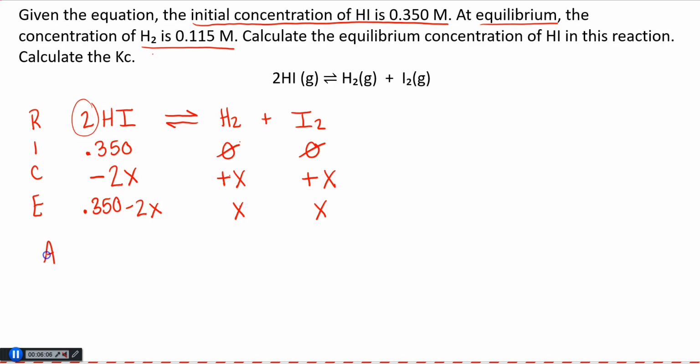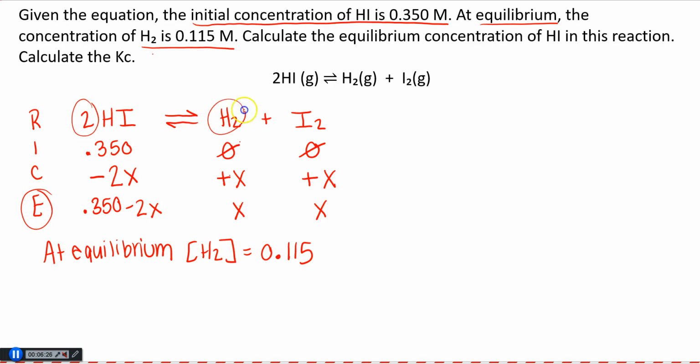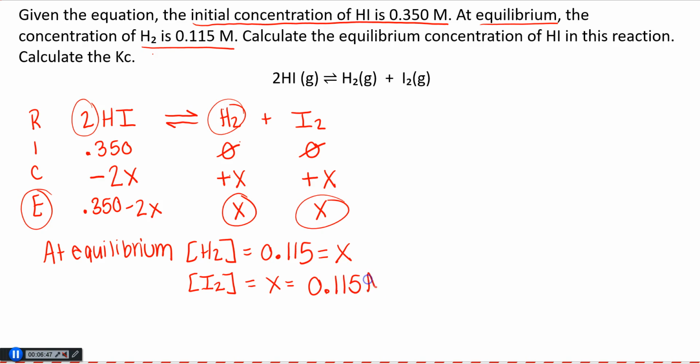Alright, once you have the RICE table filled out, next step is to solve for x. So the problem tells us at equilibrium, the concentration of hydrogen is 0.115 molar. Well, I also know that at equilibrium, hydrogen is going to be equal to x. So that means x is 0.115. I can now solve for the concentration of iodine, which is going to be equal to x, and x is 0.115 molar.